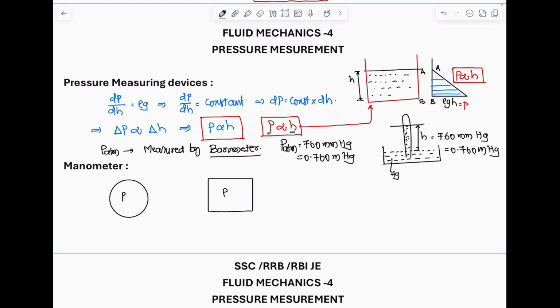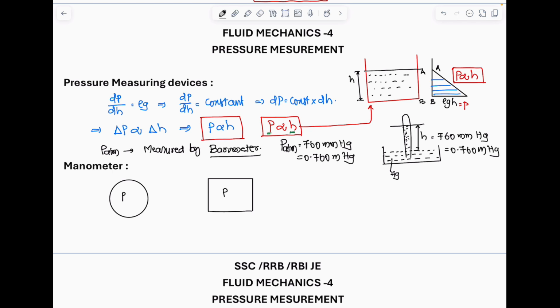Atmospheric pressure I measure with the barometer, by putting the inverted one side closed tube in the fluid, so that I get the height and convert it into pressure units. But inside a vessel, how to do it?